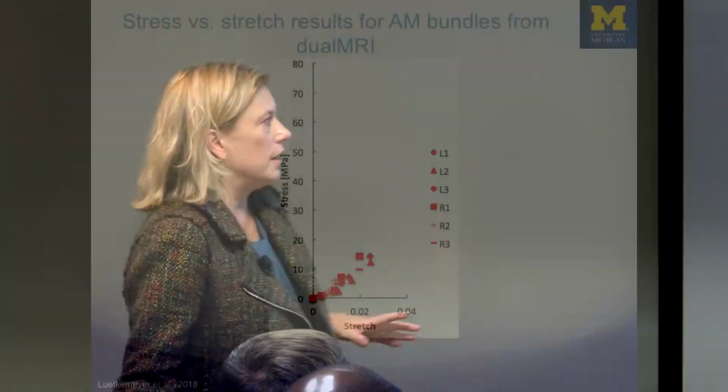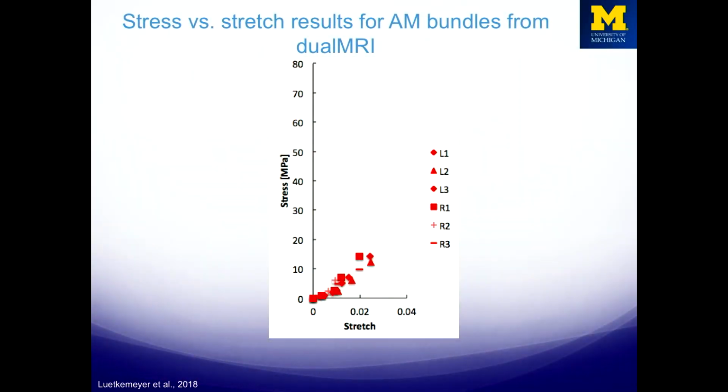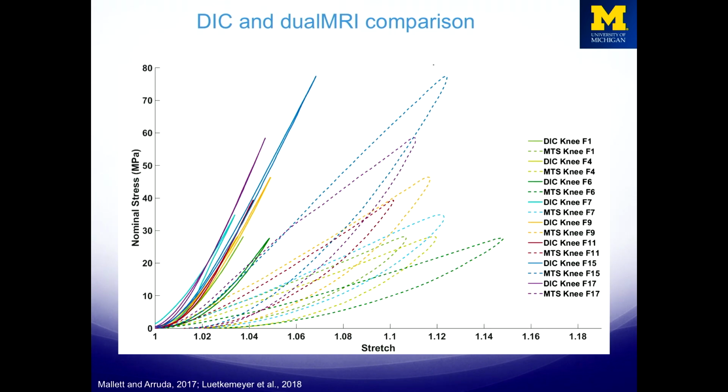We did this for 6 knees, and we got stress versus stretch, 6 different sets of experiments here. I plotted them like that because I'm going to overlay them on what we saw with DIC. So 2 different techniques: one's surface, one's volume, one's in air, one's in water. Similar results here, and so we're very excited about that.